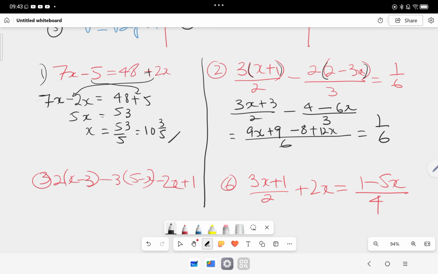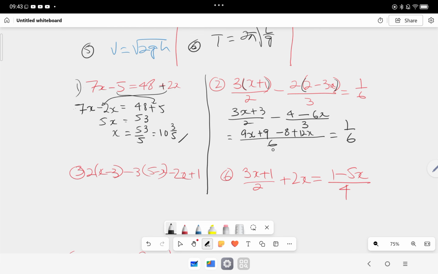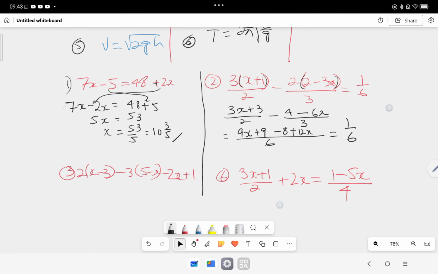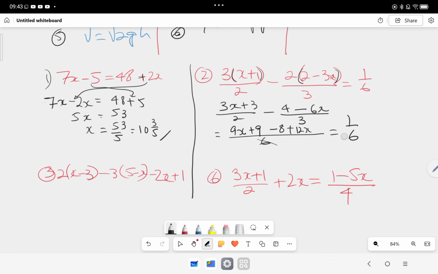Since we have the same denominator, we are left with 9x plus 12x equal to 1 minus 9 plus 8. So this gives us 21x is equal to 0. Therefore, x is equal to 0.